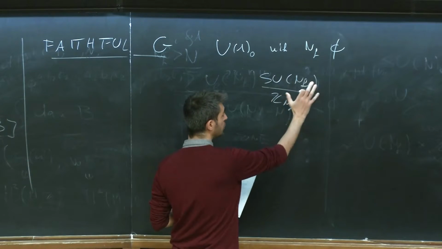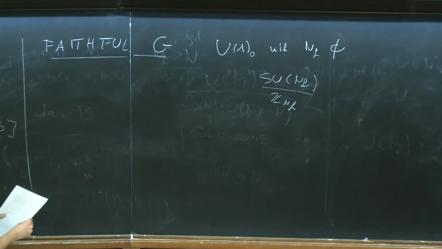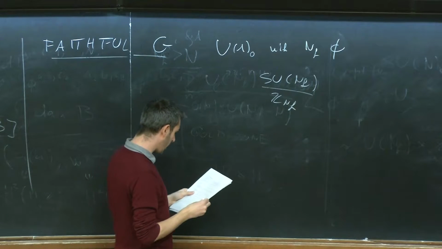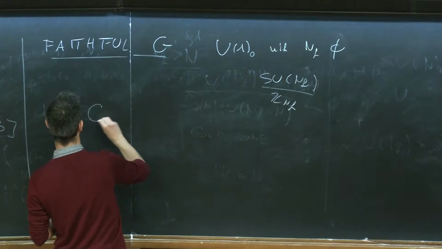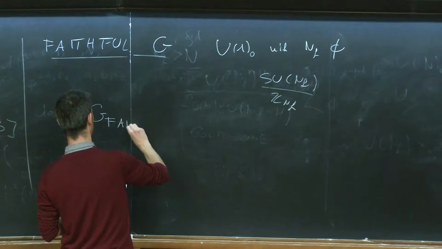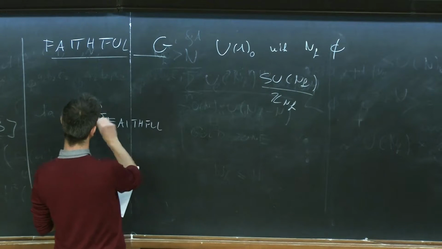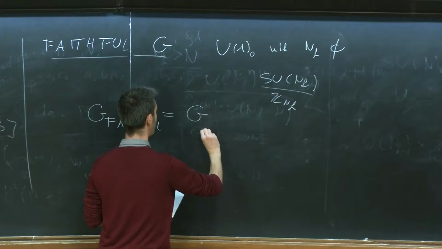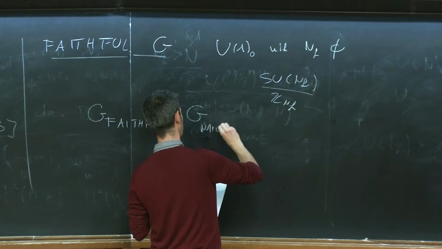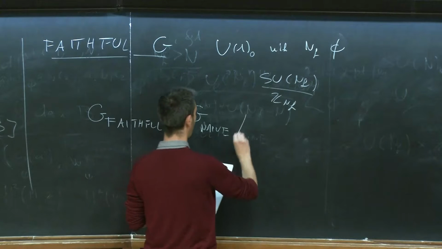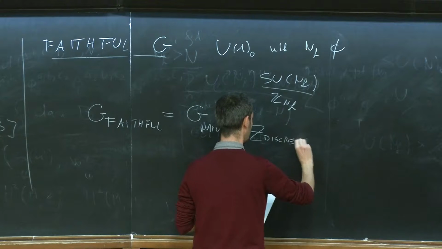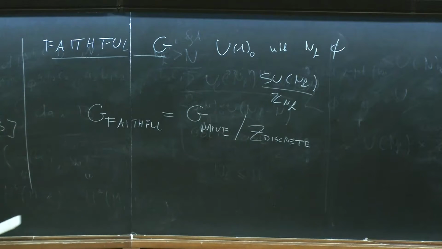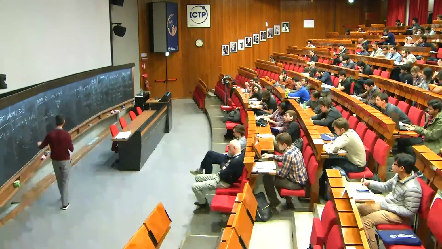So why is it useful to identify what is the faithfully acting symmetry? Because suppose, like in this example, that our faithful symmetry is in fact some naive symmetry modded out by some discrete group. Okay? Now we want to construct observables in the theory by coupling to background fields.